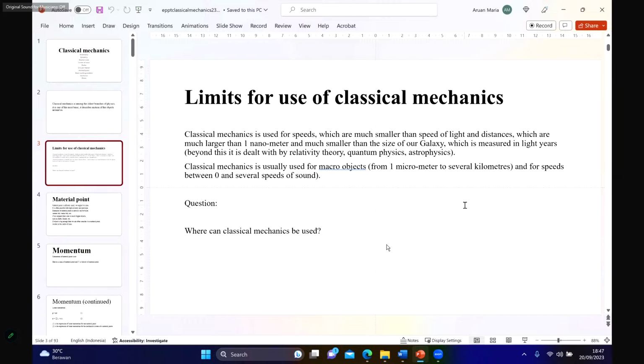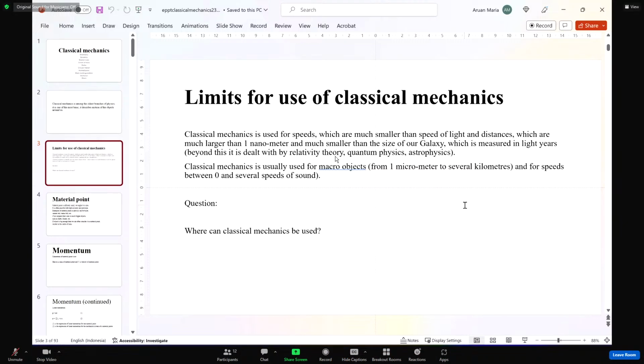So we cannot really ignore quantum mechanics. But in the book, they say the distances are just much larger than 10 to the power of negative 35 meters. In this case, we have 10 to the power of negative 6, so that's about 30 orders of magnitude difference.